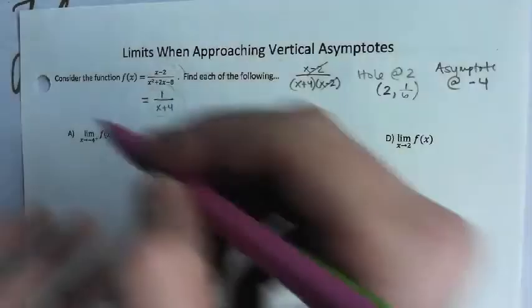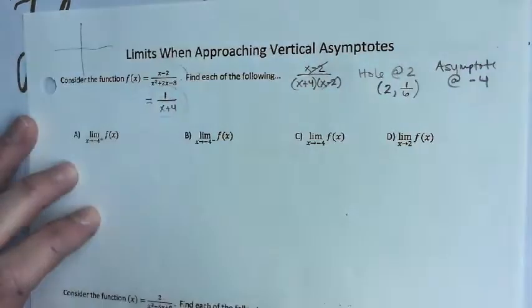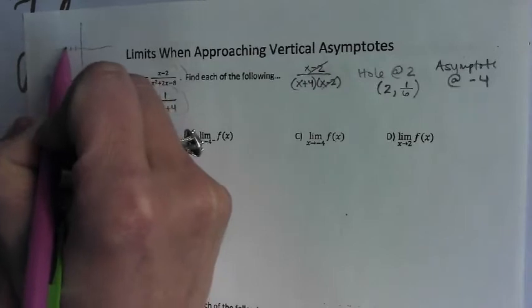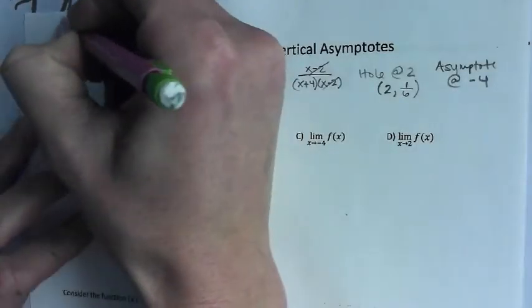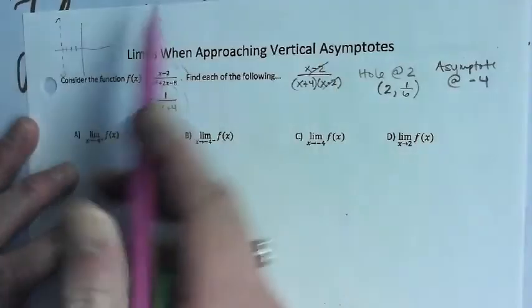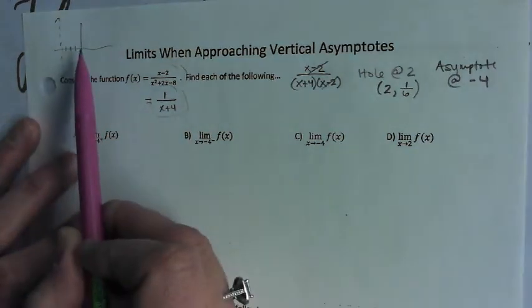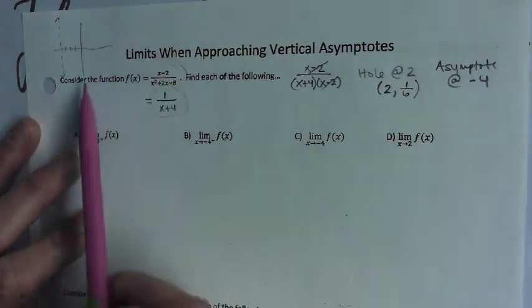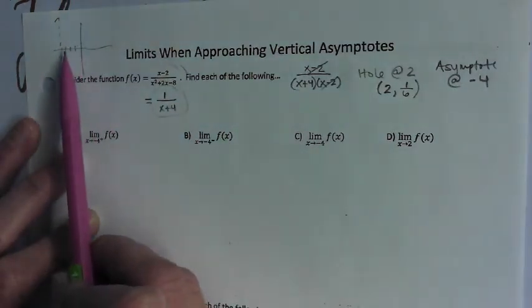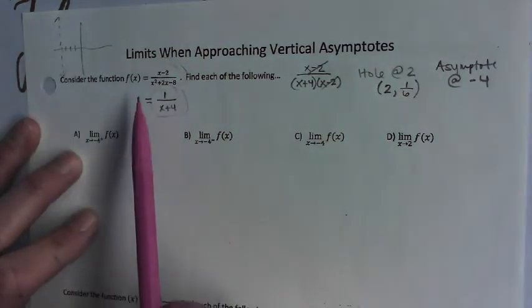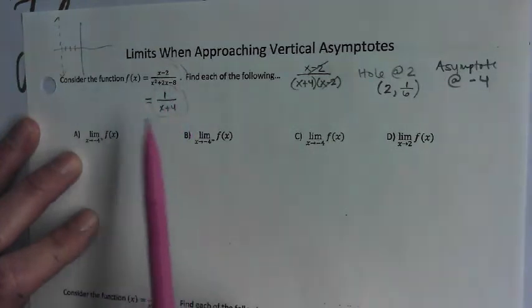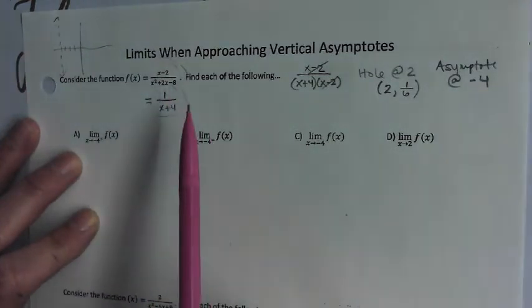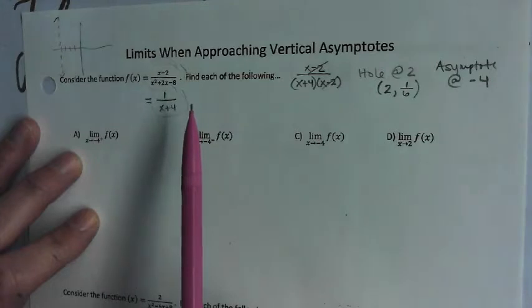So if you want to do a quick sketch to wrap your head around what's going on, we have an asymptote at -4, and we want to see what happens as we approach that from the right. You could plug in something like -3.99999. You're not going to get an exact value when you do that, because we don't have a calculator.